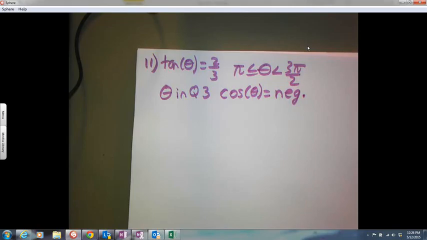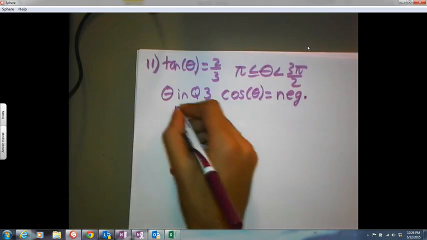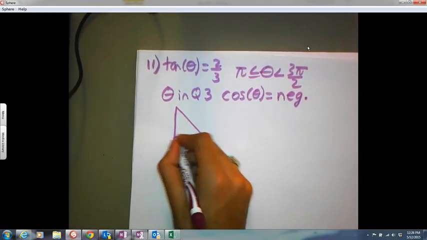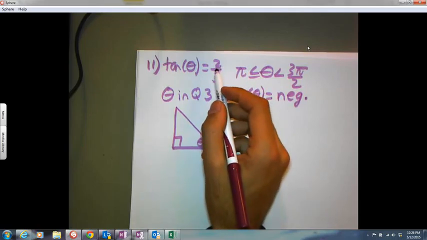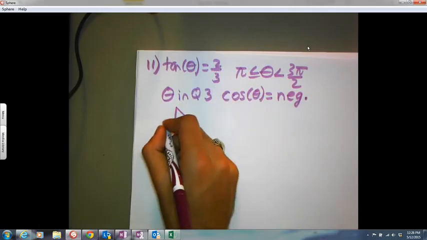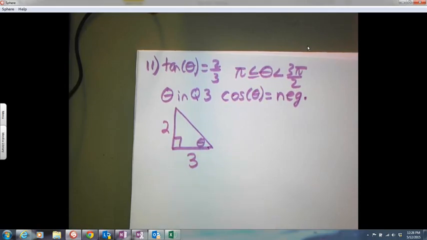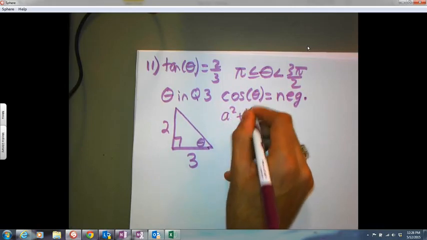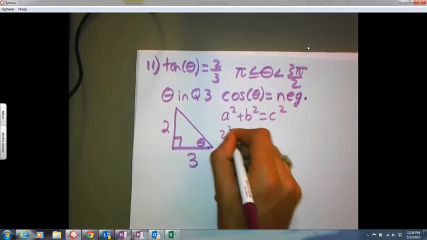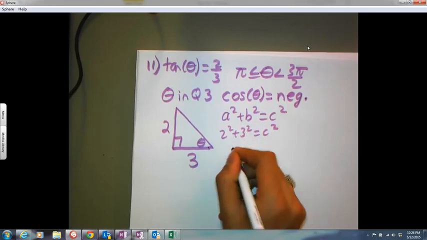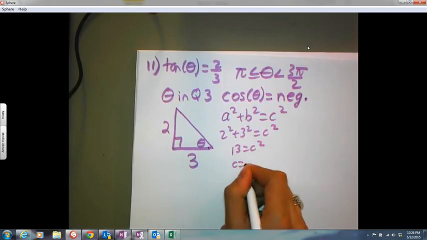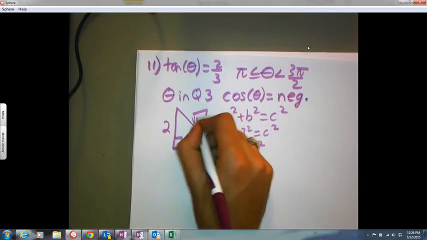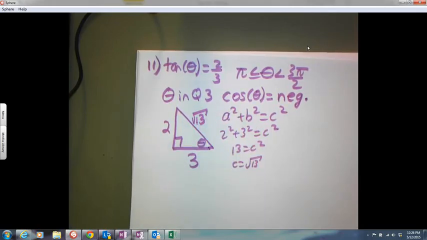Draw the triangle. Again, please stop me with questions. SOHCAHTOA, opposite over adjacent. Opposite over adjacent. Need to find this side. We know how to do that. C equals root 13.